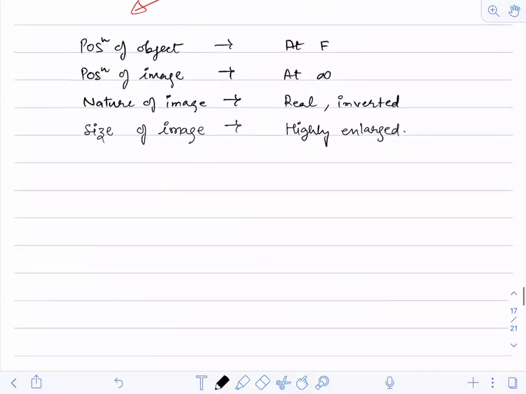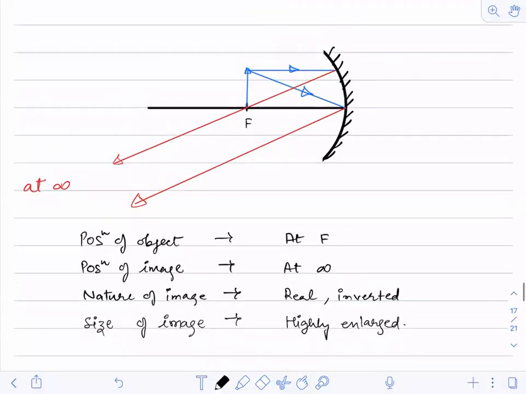Now actually when I'm saying infinite, in physics and in mathematics, the term infinite, you can't relate them. Because in mathematics, you can say that if I divide any number by 0, that is infinite.